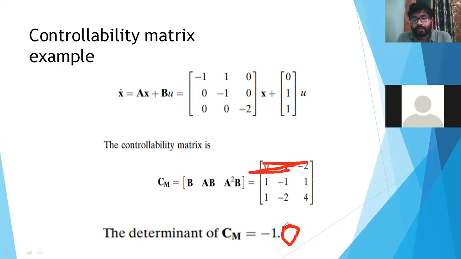If the determinant of the controllability matrix is 0, then the system is not controllable. If the determinant of the controllability matrix is not 0, then the system is controllable. You can follow any method. You can follow the rank of the matrix, or you can follow the determinant of the matrix. So it is your choice.